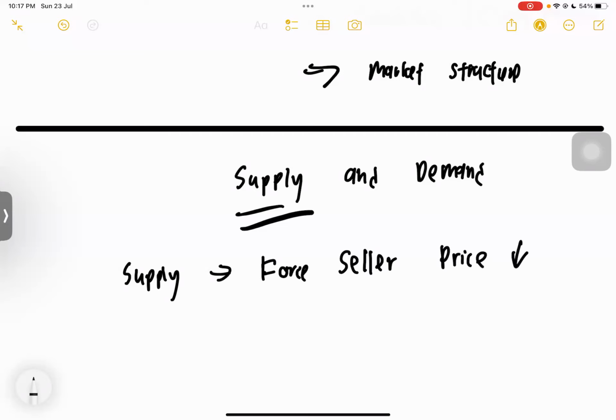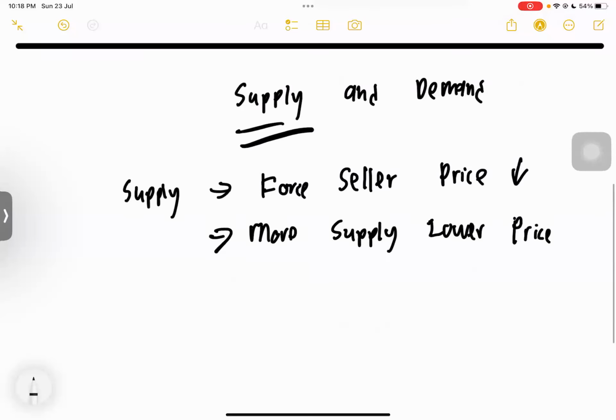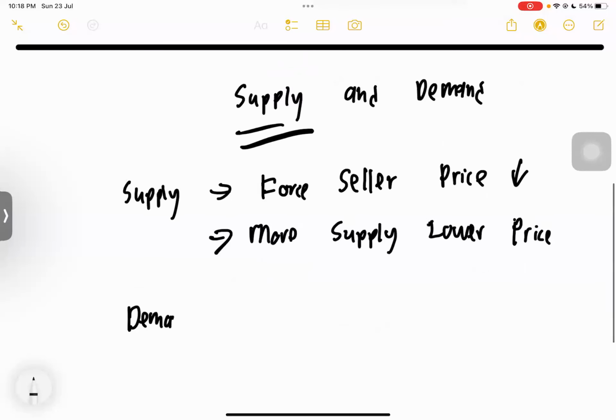So the more the supply, the lower the price. Or you can say the stronger the supply, the lower the price. Supply is in terms of sellers. Demand is the opposite.